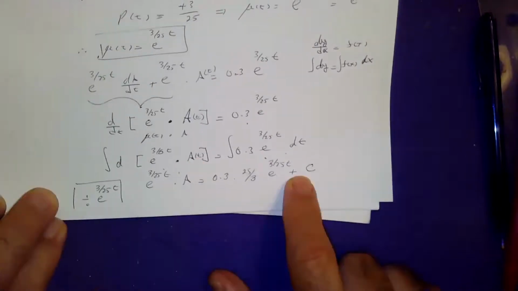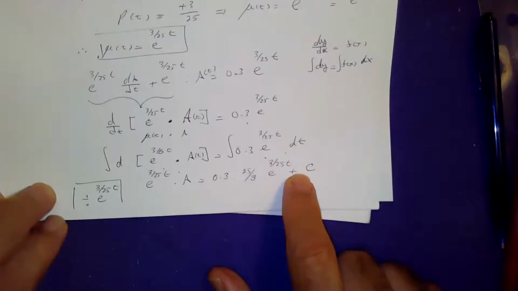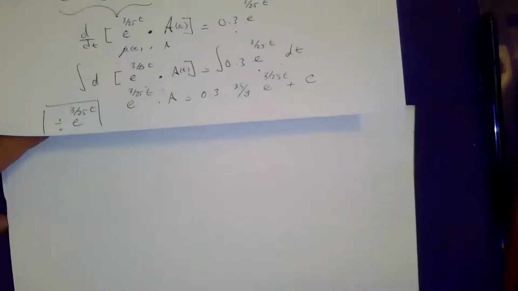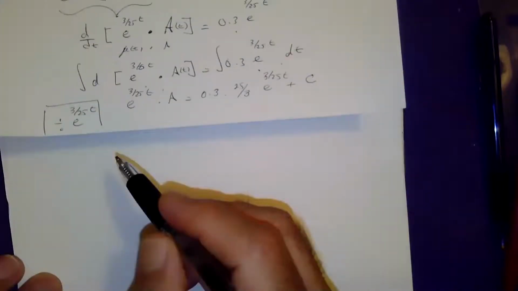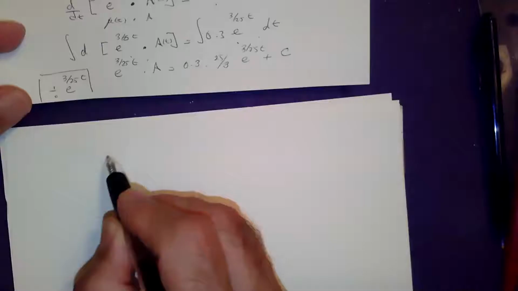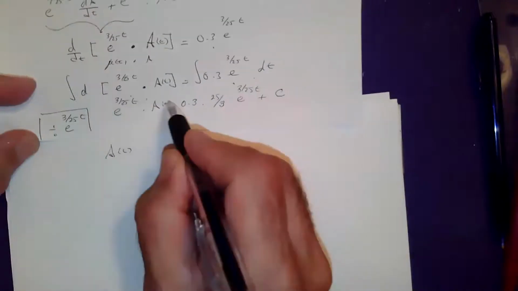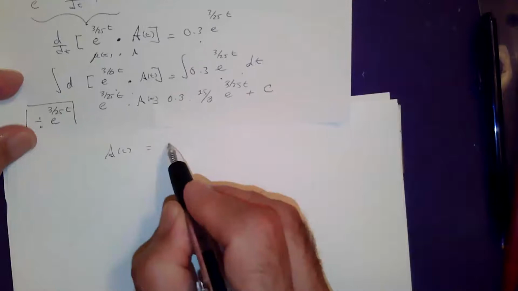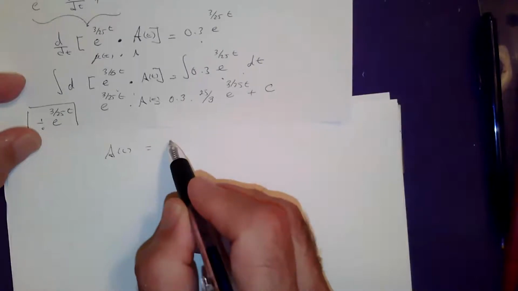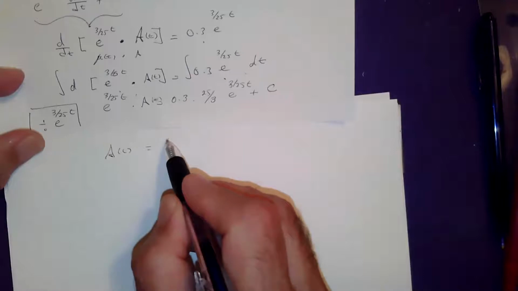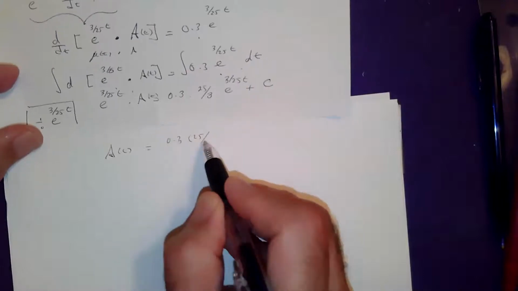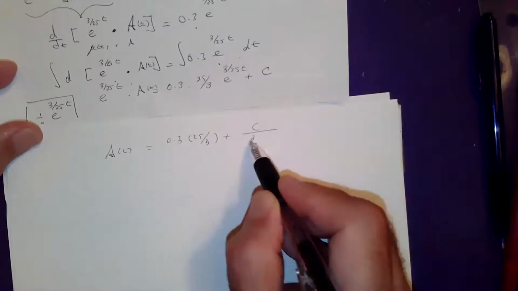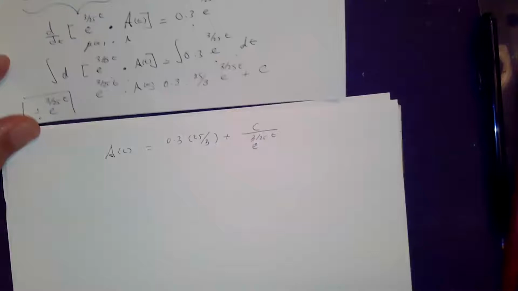When you do, what do you get? You get A of t, remember this is a function of time, it's not fixed, equals 0.3 times 25 over 3 plus c, divided by e to the power of 3 over 25t, correct?